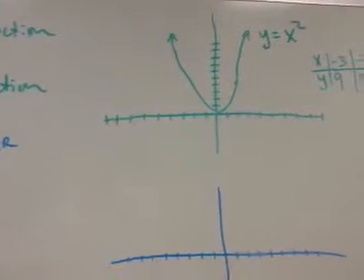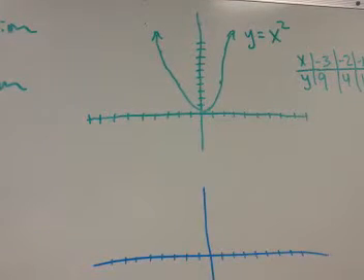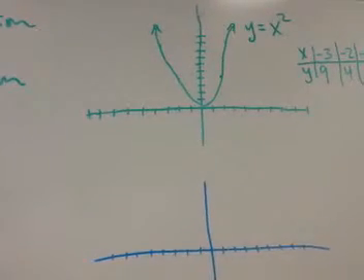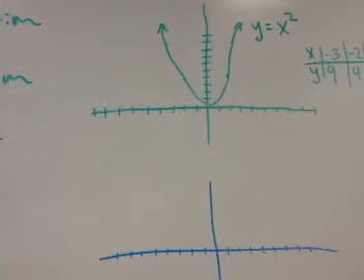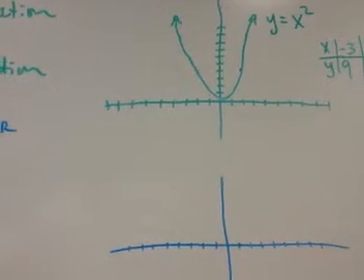But they call it the parent parabola because it's the shape that you use as a reference point. So you're always saying, well, how does another parabola compare to this parent parabola?